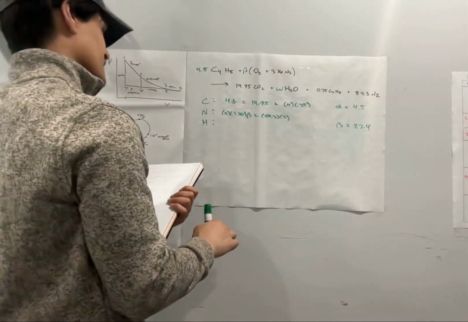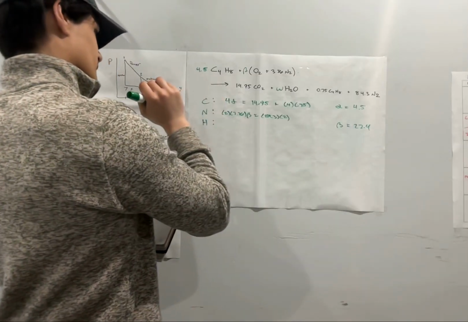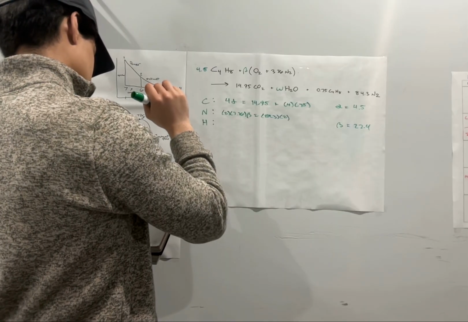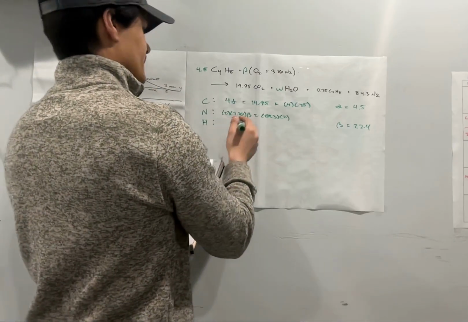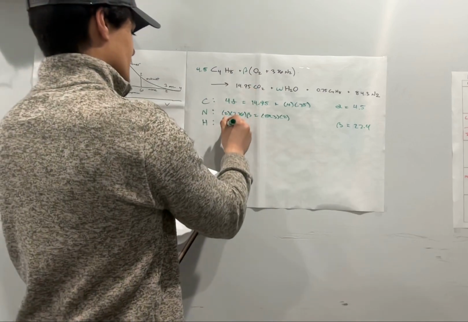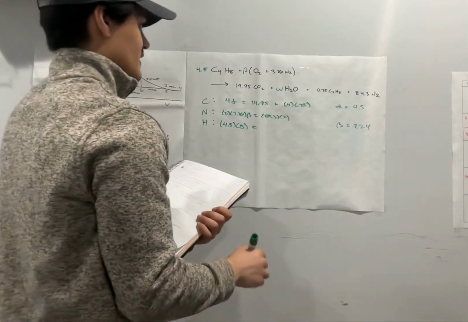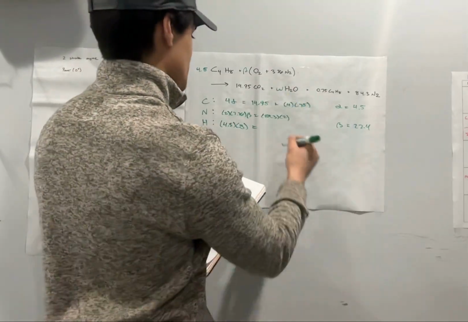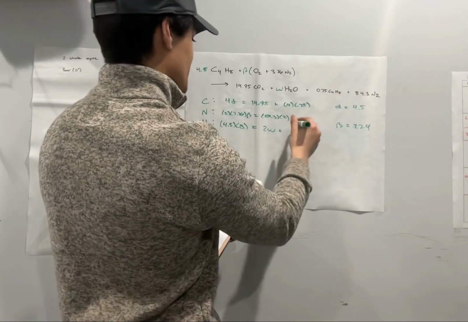And then hydrogen on this side is going to be 4.5 times 8 times 2 omega plus 8 times 0.75.